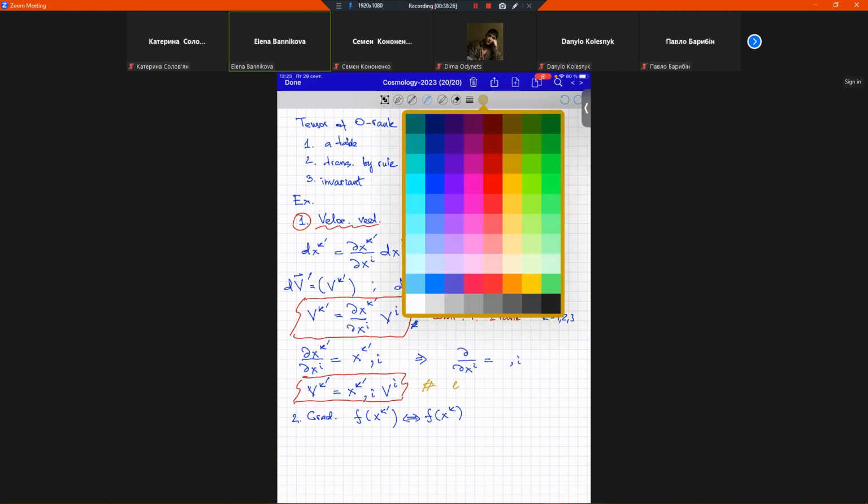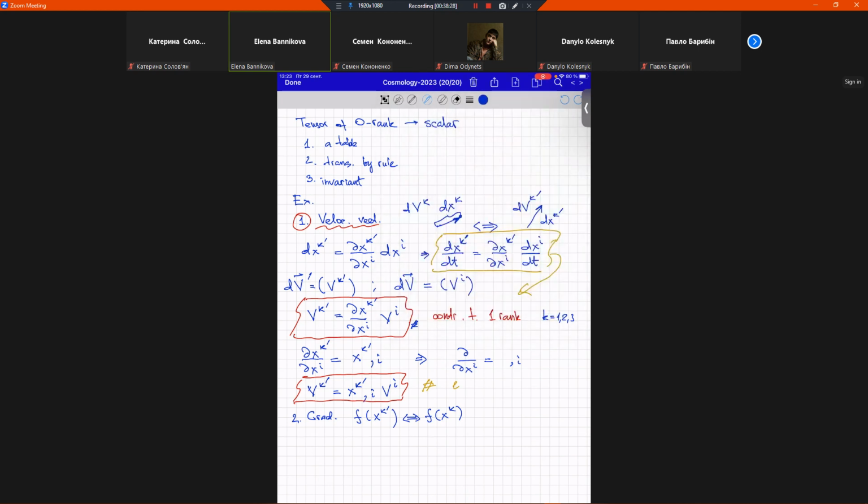Now we can write what happens with the gradient. What is a gradient? In the Cartesian system, we take the components df by dx, df by dy, df by dz.